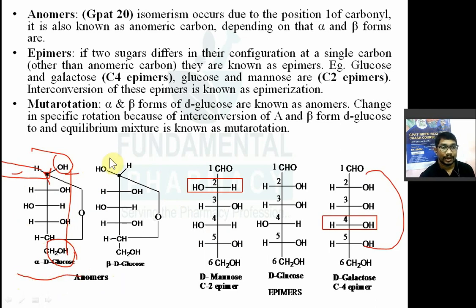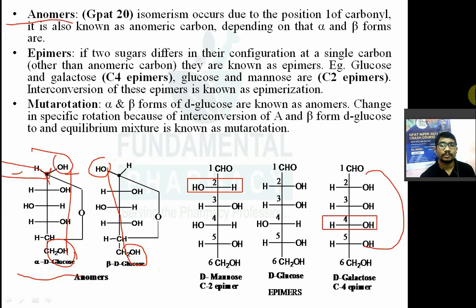And if hydroxyl group is present on the opposite side to that of the terminal alcohol group, it is known as a beta anomer.